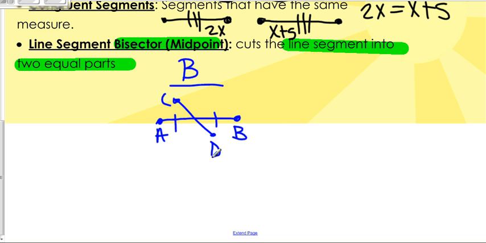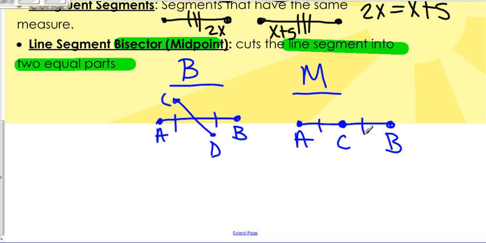Then we've got the midpoint, right? It's just going to be an actual point. So if I had line segment AB here and a point right in the middle, that would be the midpoint, right? It's in the middle and it's made both of those pieces equal.